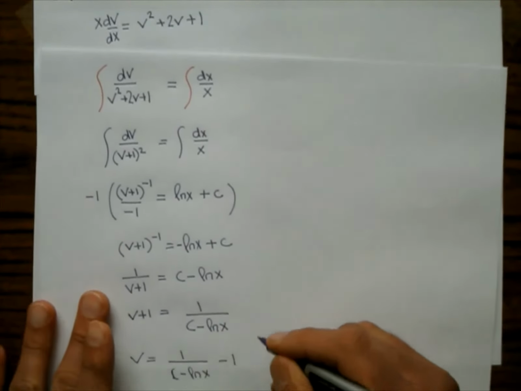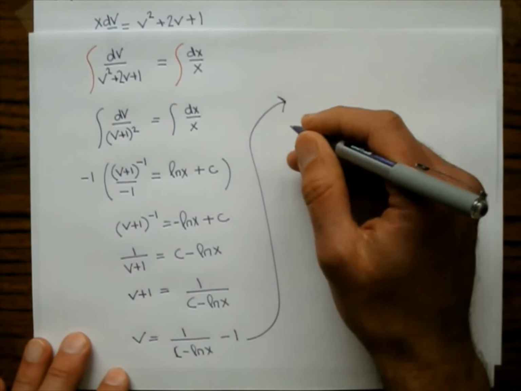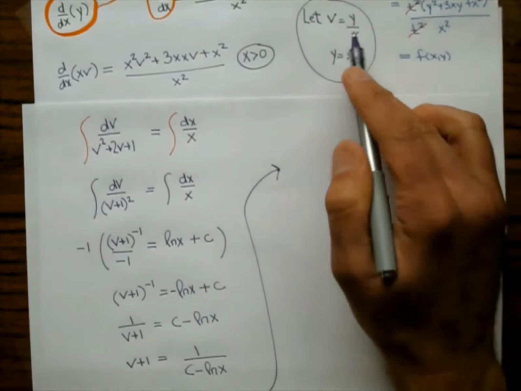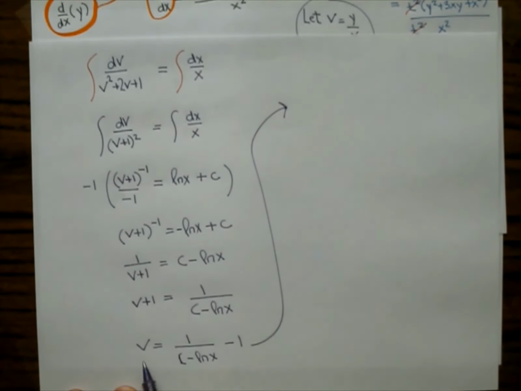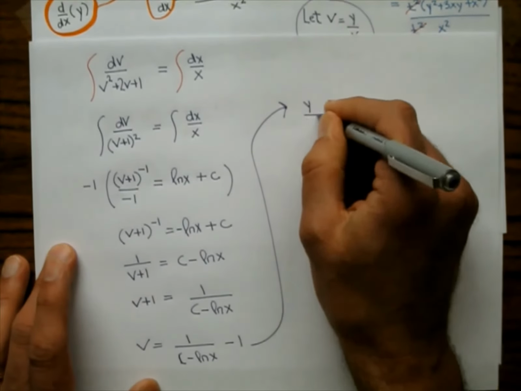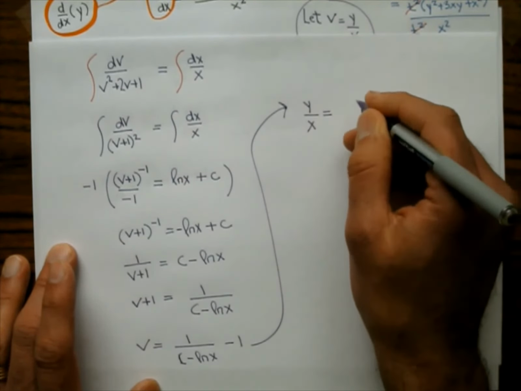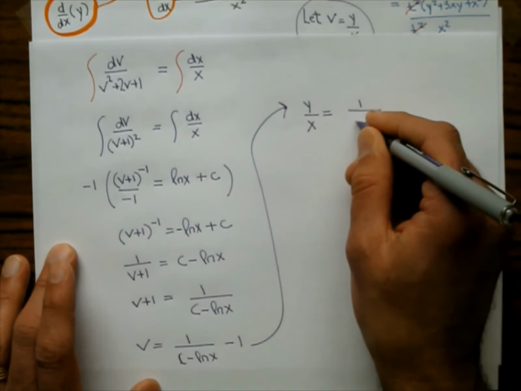I think I could actually finish this up here. That v is actually y over x. So v is y over x. I'm going to replace the v with a y over x, and just write down the right-hand side of the equation.